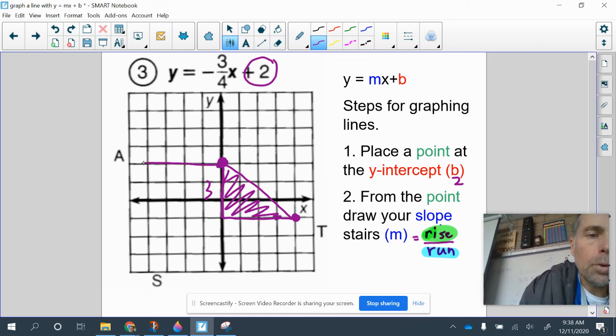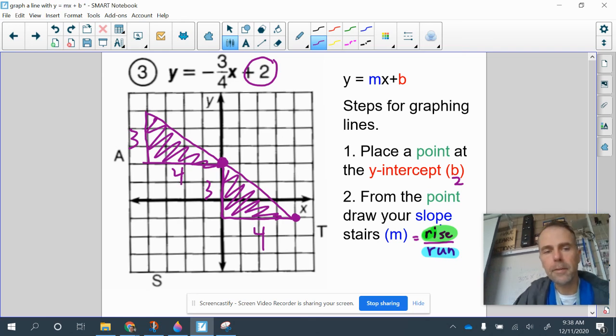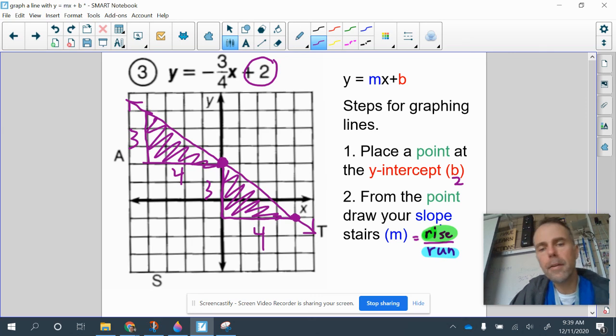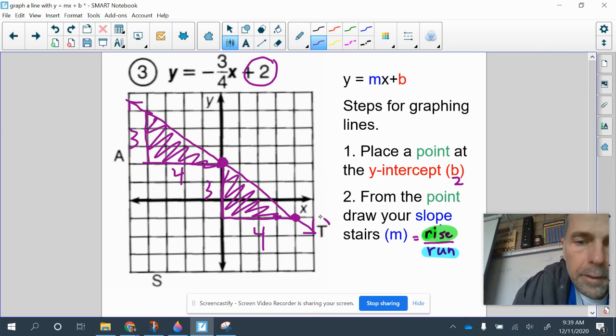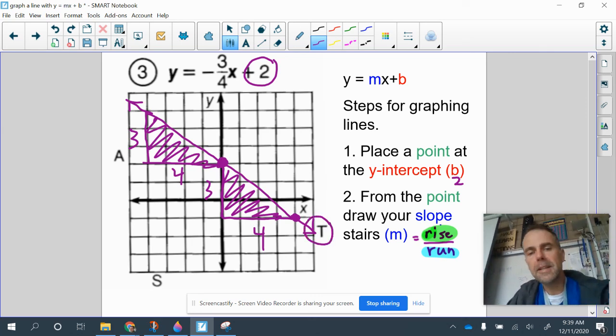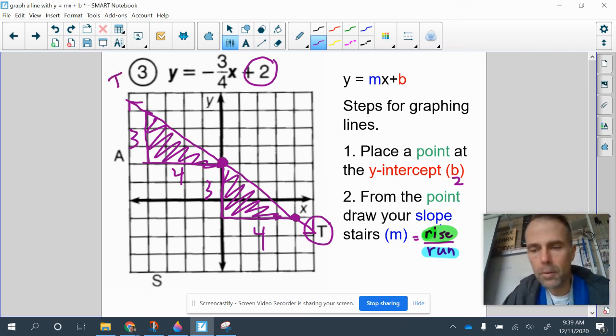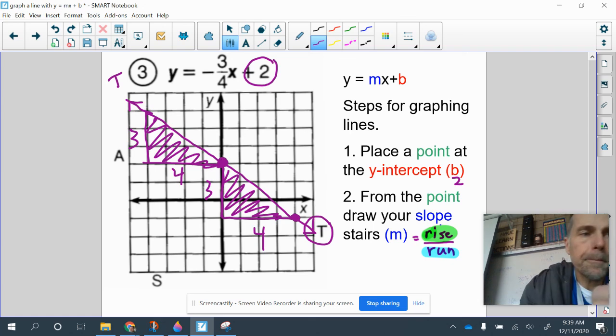Then I'm going to make one more. So I've got a 3 over 4 slope, and it's negative because it's going down and to the right. Do you see what letter it's going to go through? Letter T. So number 3 is going to be T in the code, if you're doing the code, okay?